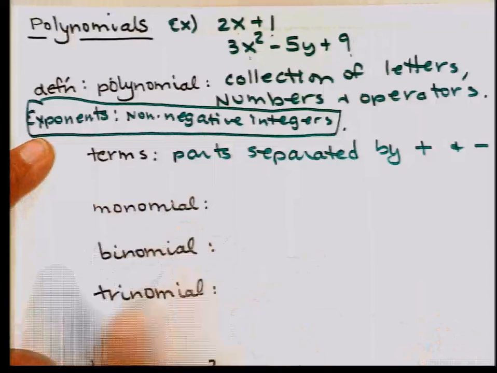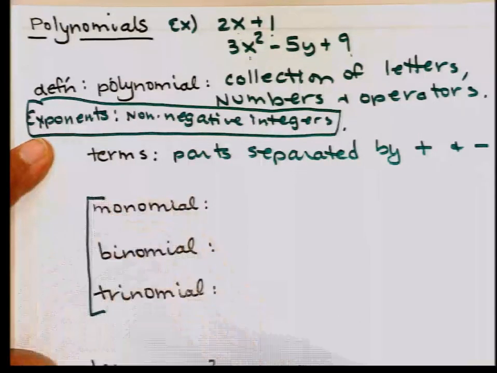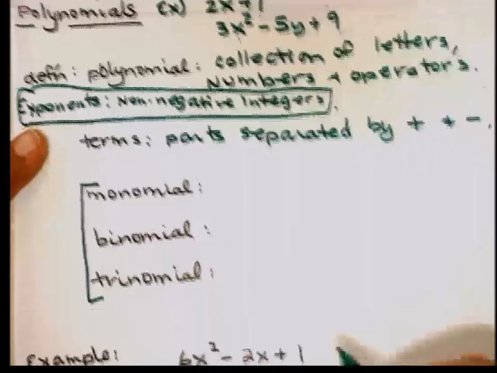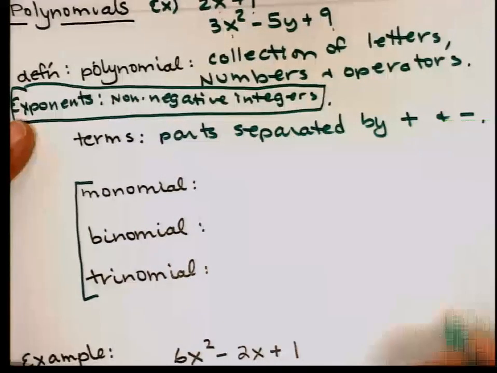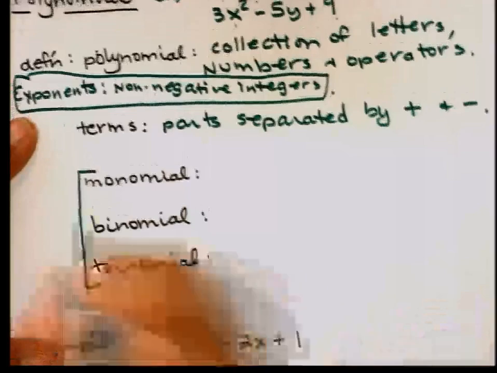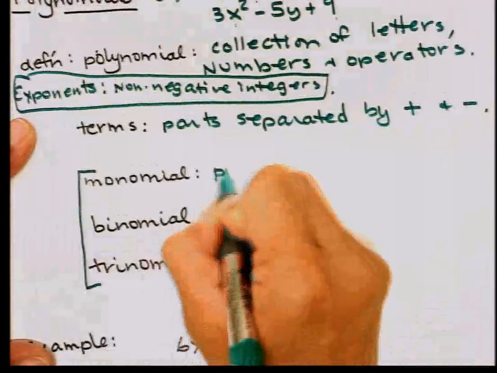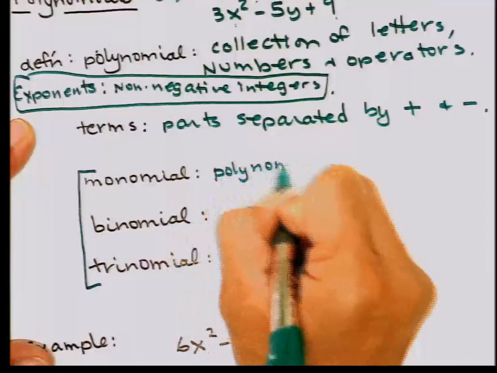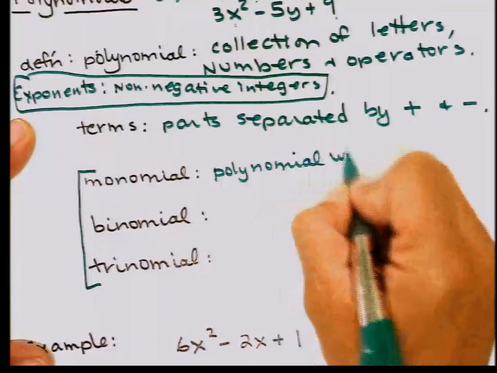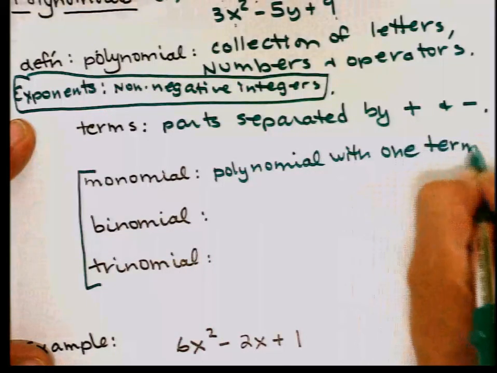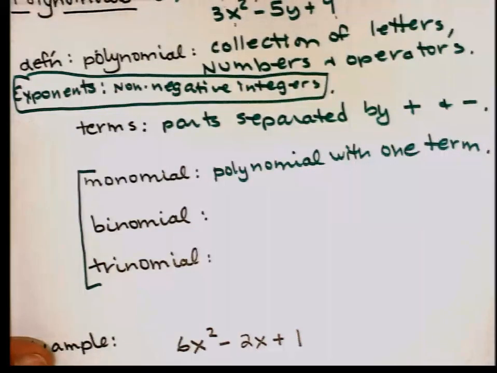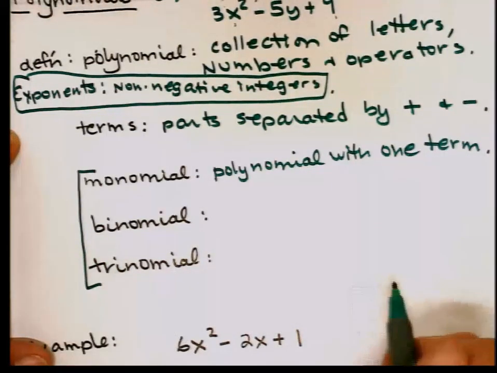Monomial. So now these are just types of specific polynomials. And it's really just some vocabulary here, so we're all speaking the same language. So monomial is a polynomial with one term. Binomial, yes, I know.